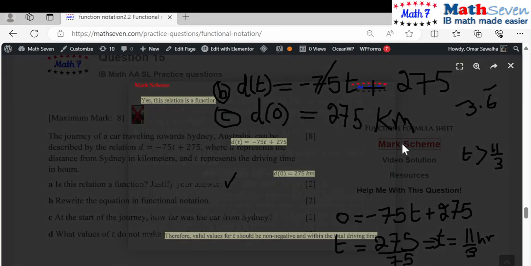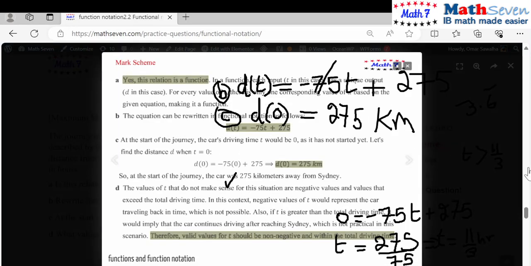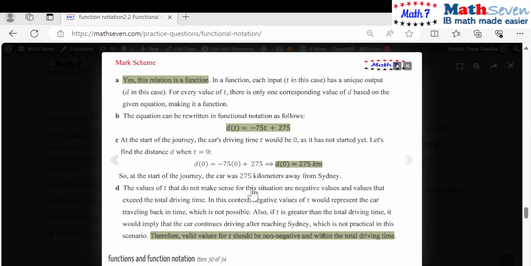So check the mark schemes. This is written in functional notation, and the values that do not make sense are the negative values and the values that exceed the total driving time, which is 11 over 3.